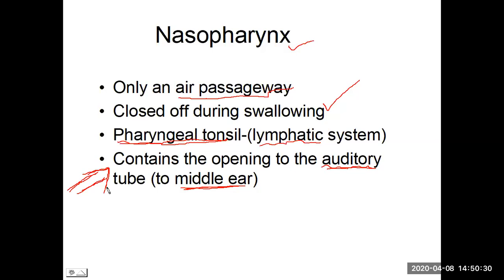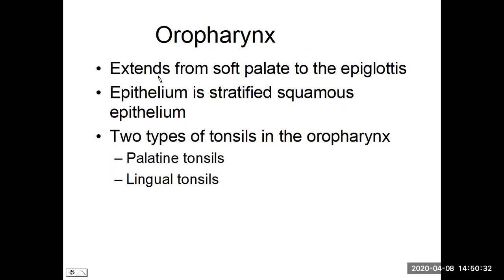The next section, inferior now, the oropharynx is distinct. This is an area now where we no longer have the respiratory epithelium. So instead of having the pseudostratified ciliated columnar epithelium in this location, instead we have the multiple layers of the flattened cells, stratified squamous.